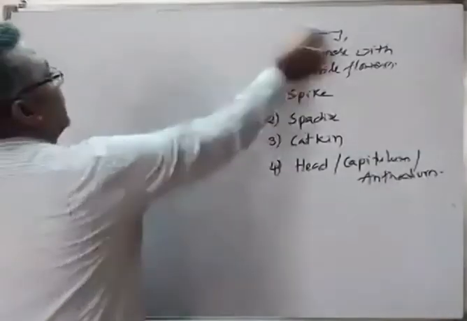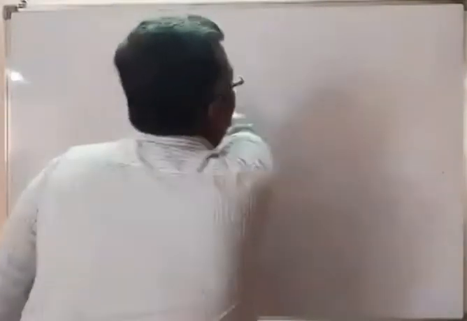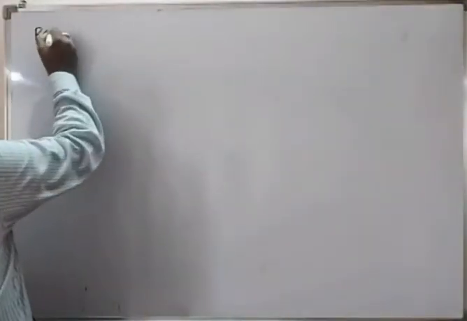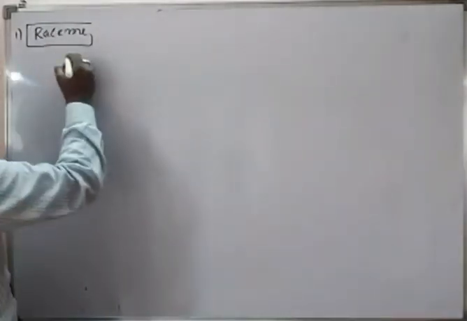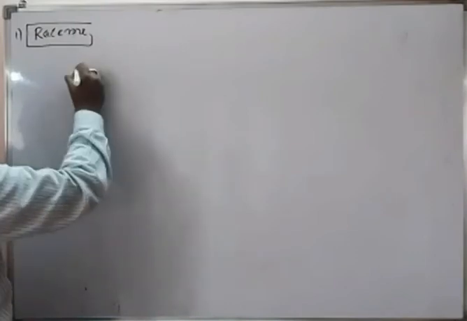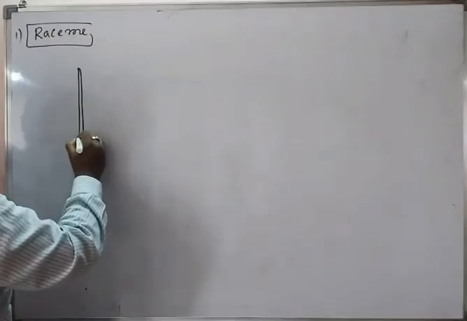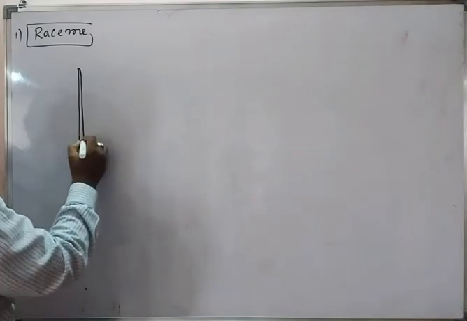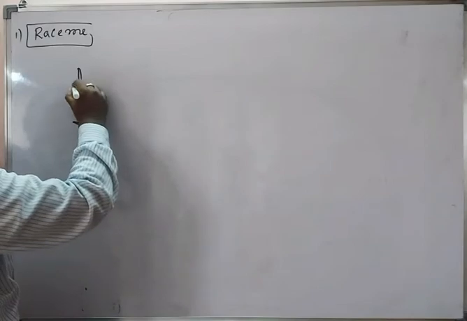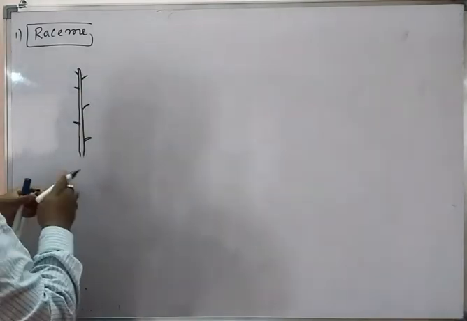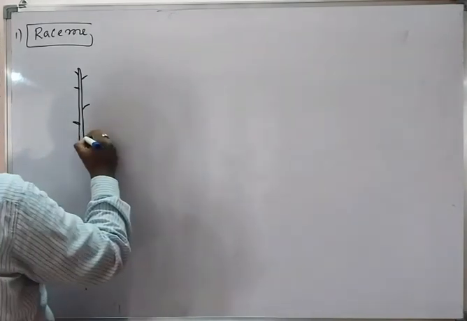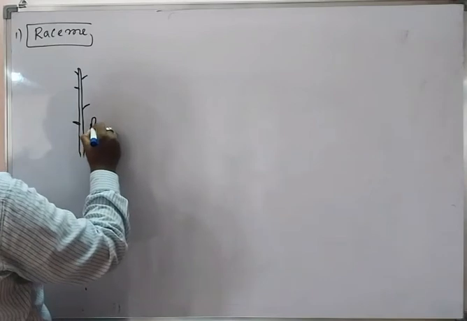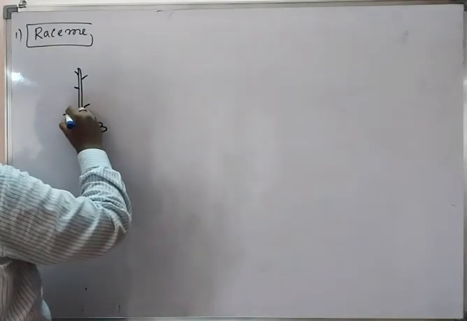Under that, first I am going to explain to you about racemose, raceme. Number 1, here the peduncle is elongated. This elongated peduncle shows bracteate and pedicellate flowers in acropetal manner.